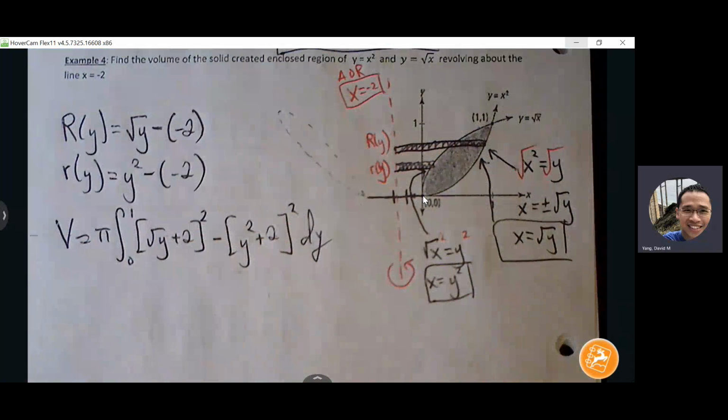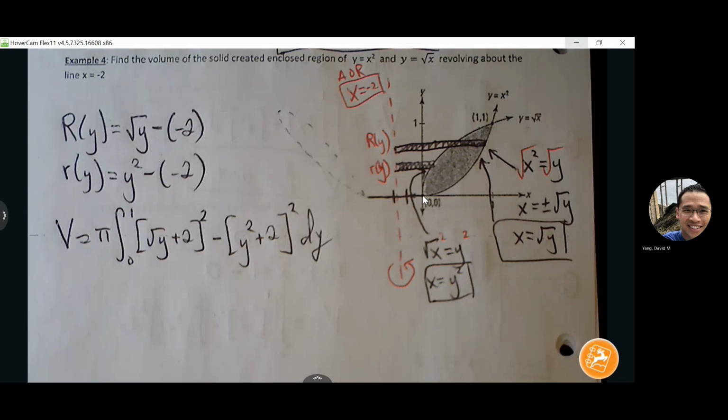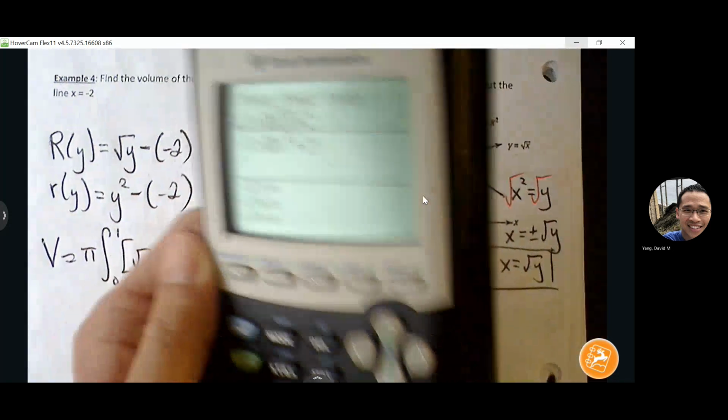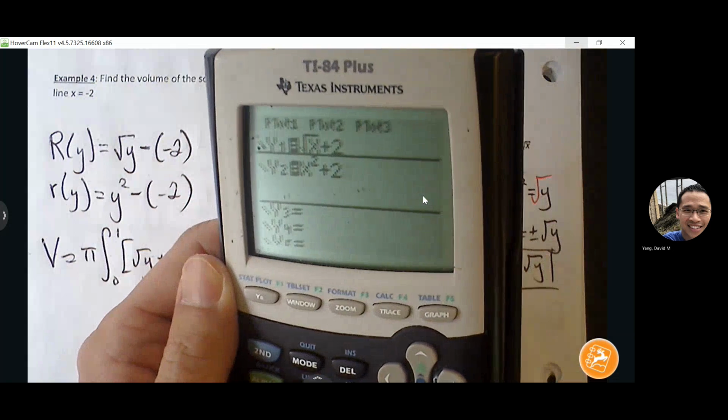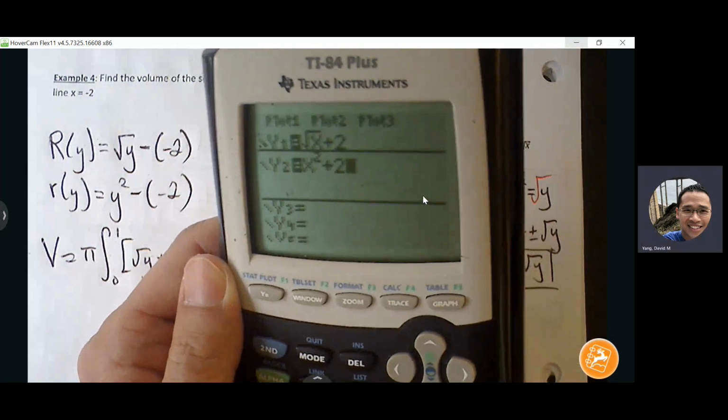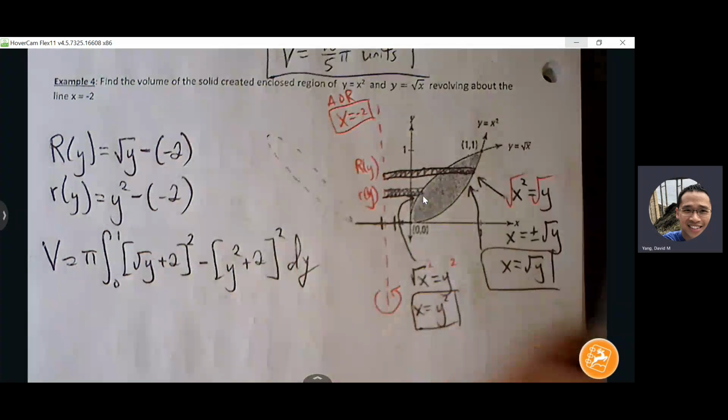Make sure you're squaring your radius separately. On paper, I want to see y's, but in the calculator, you're going to have to enter in x's. Okay, calculator: root x plus 2 and x squared plus 2.